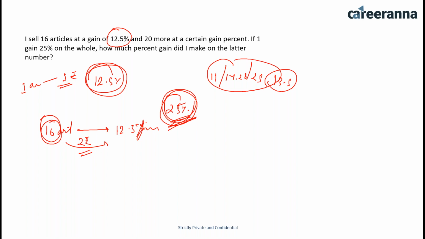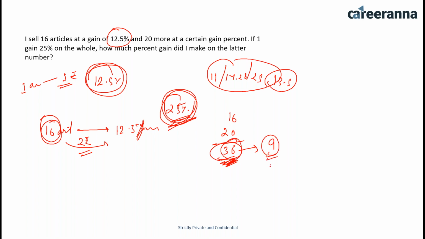Now, the total number of articles is 16 plus 20. It is 36. As per the question, 25% gain should be there. 25% of 36 is 9.